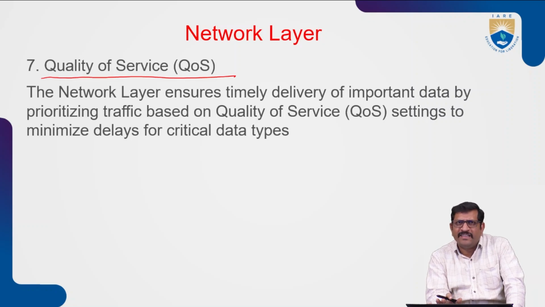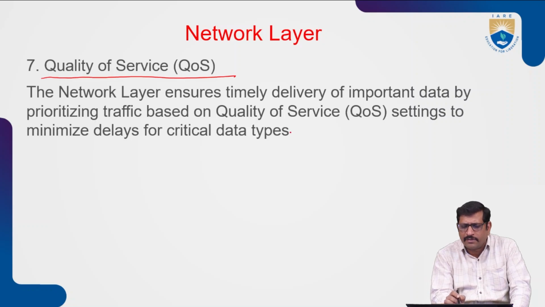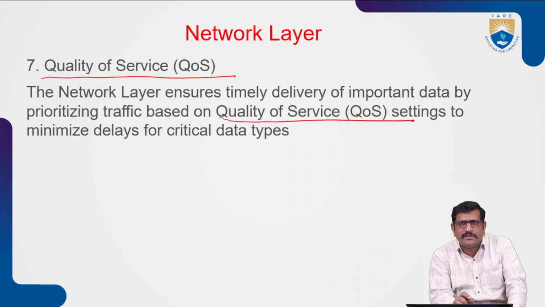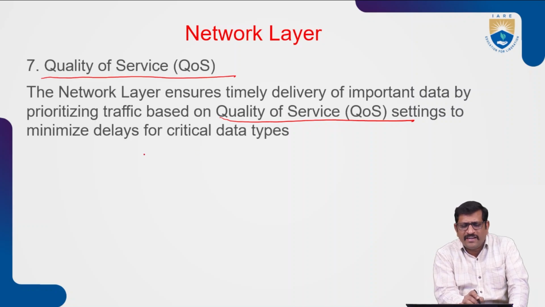This is quality of service. By prioritizing the traffic based on quality of service, in a large network where traffic arises, the data can be transferred while minimizing the delays for critical data types.